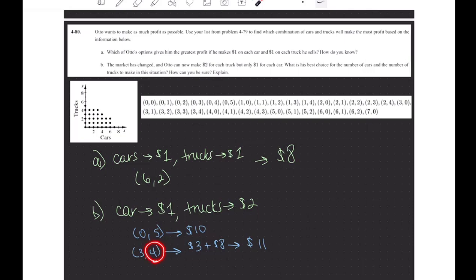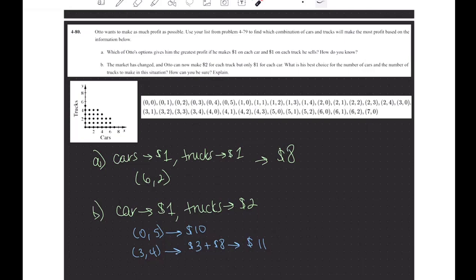We dropped our trucks down to 4 and our cars were at 3. That gave us $11. So I don't see any other option where we still have our 4 trucks and our number of cars increases. So I think we're kind of good. You guys good? All right.